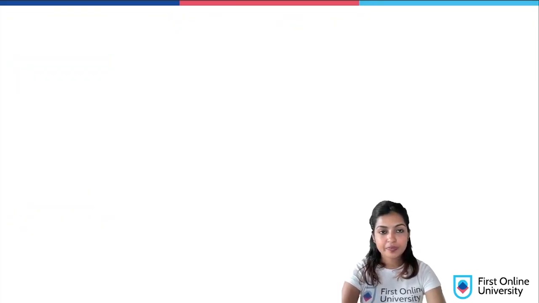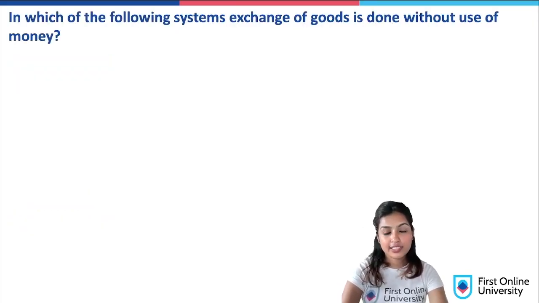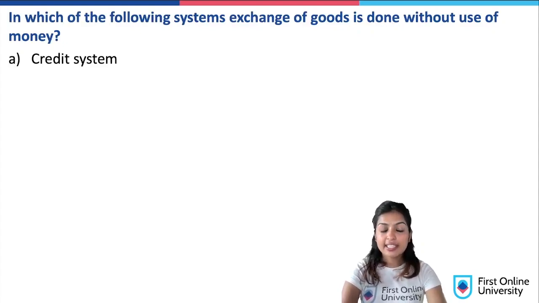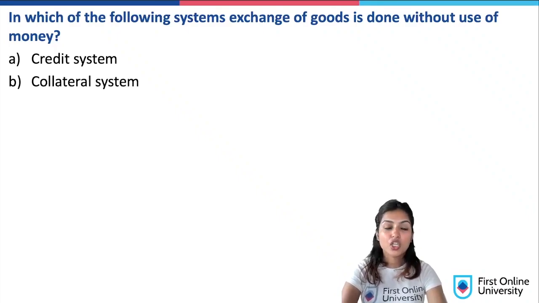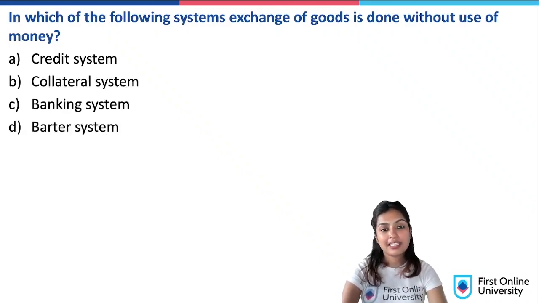India. In which of the following systems exchange of goods is done without the use of money? A. Credit system, B. Collateral system, C. Banking system, D. Barter system.